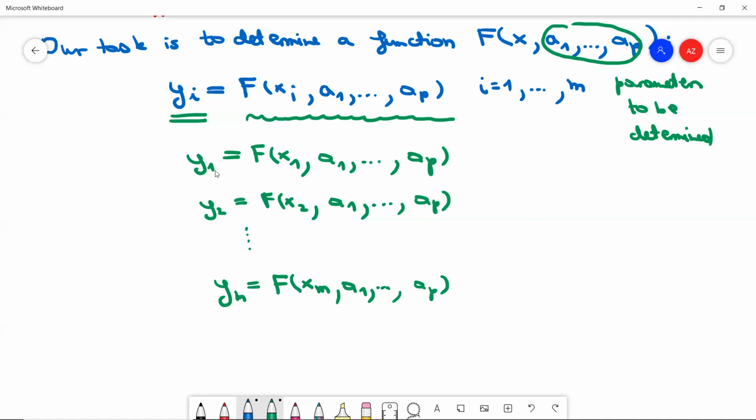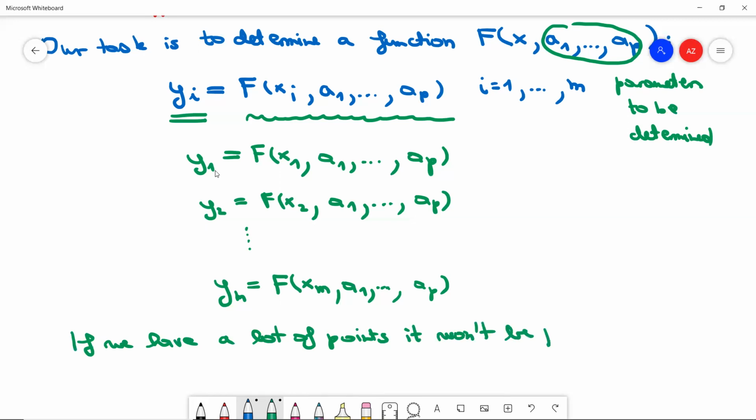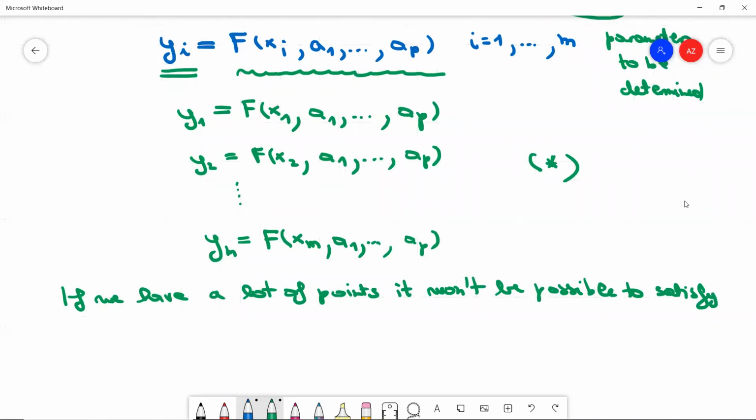If we have a lot of points, it won't be possible to satisfy the system star.